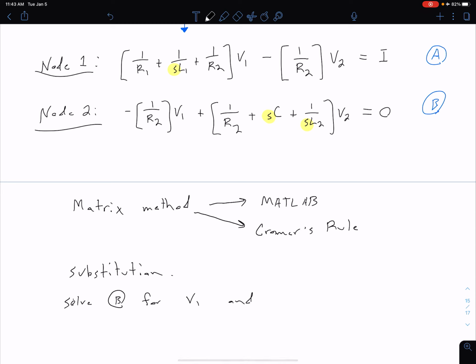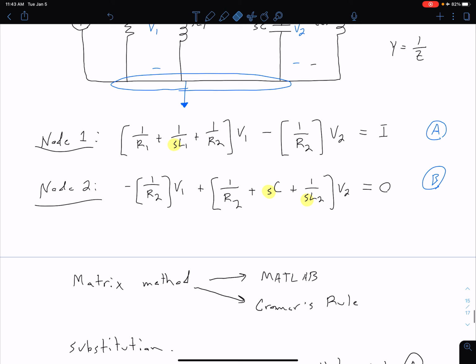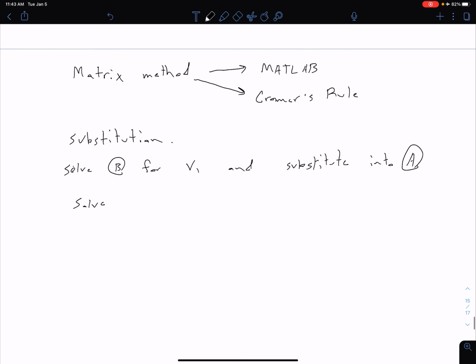And then we take that V1 term and substitute it into our equation A. And from there, we could solve that equation. So then that equation A is only going to have V2, so we would have gotten rid of this V1 term. It'd be something in terms of V2. So then we can take that and we could solve for our transfer function, which was V2 over I.